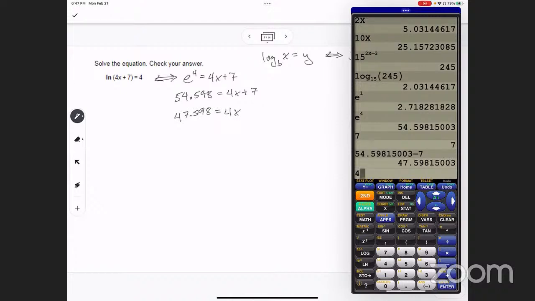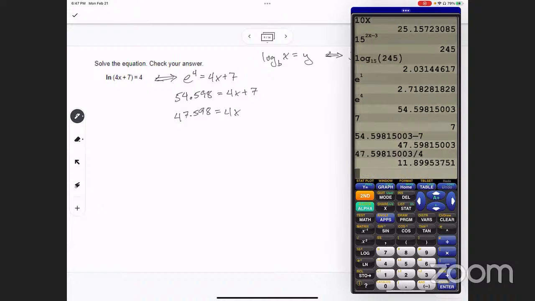My gosh, why is that not working? It's like it's not keeping that answer in there for me. So x equals 11 point. I'm just going to write 11.9. See how it's so close to 11.9.